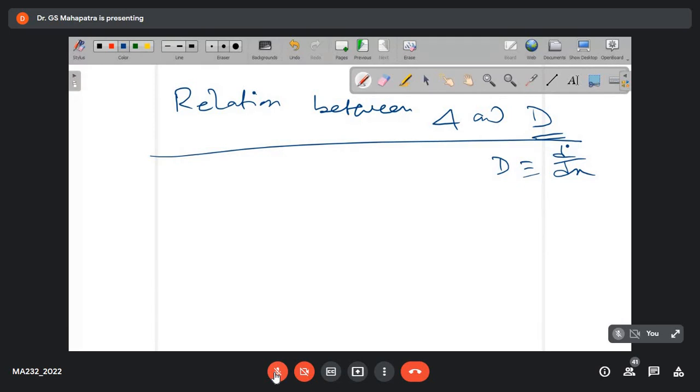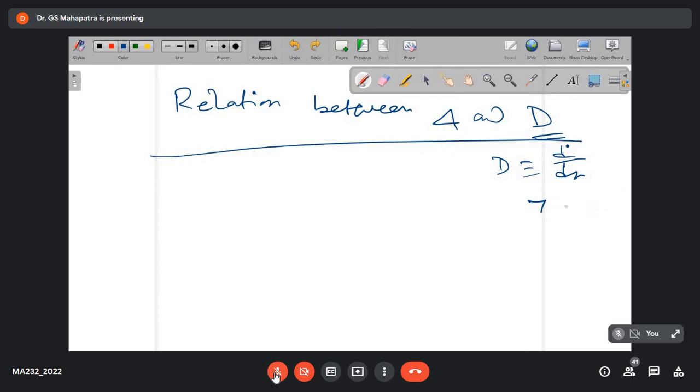What is the relation between delta and D? If you can find that one, then since you know the relation between delta and nabla, you can easily relate the two.